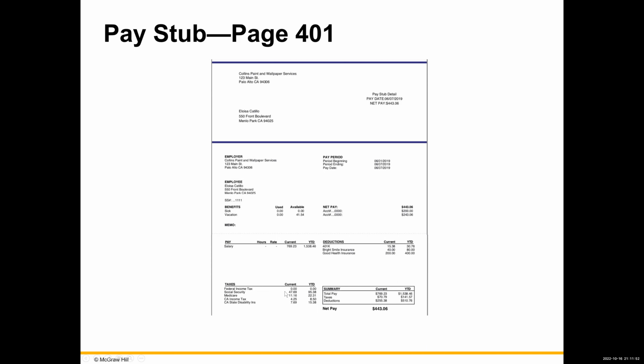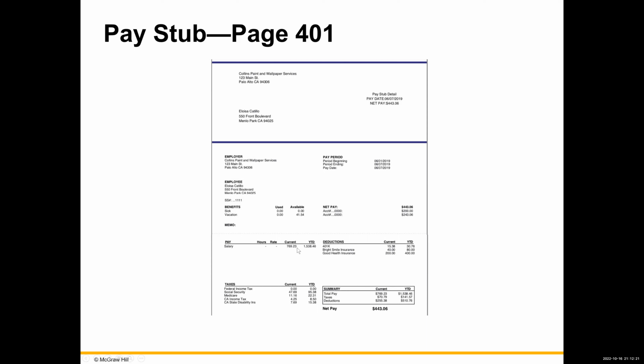Social Security, which is FICA, right? FICA, Social Security and Medicare. So you've got $47.69 and Medicare of $11.16. So there's your FIT, there's your FICA, and how about SIT? There's your SIT, California income tax, and finally SDI. So you've got them all right here. But I remember it by FIT, SIT, FICA, SDI.